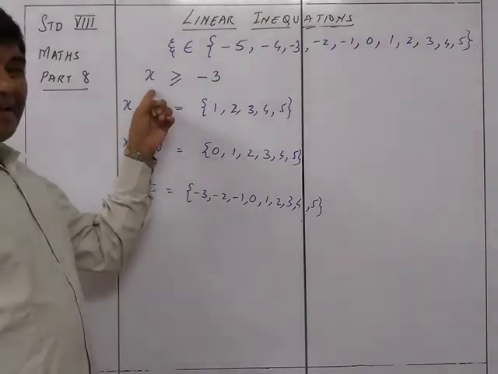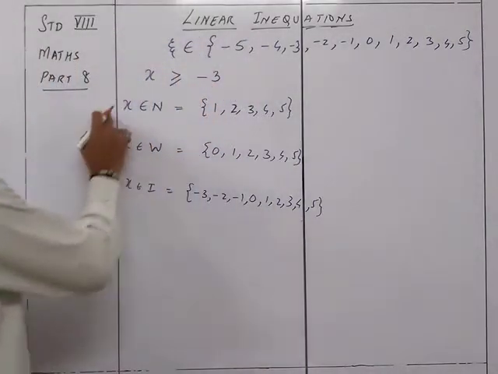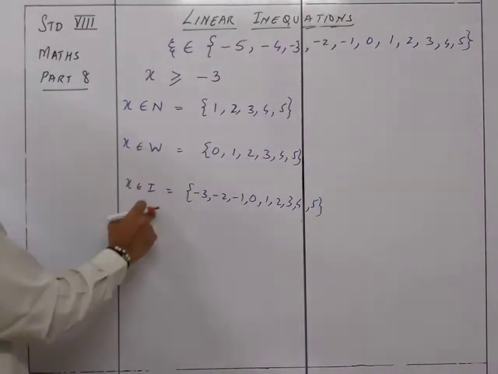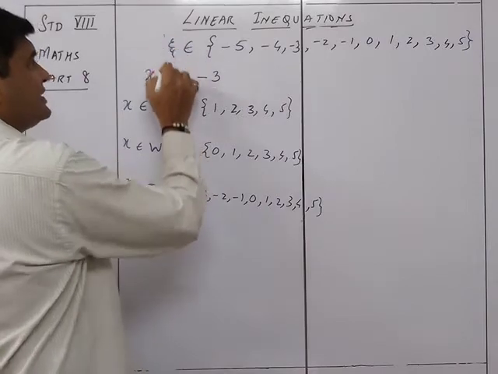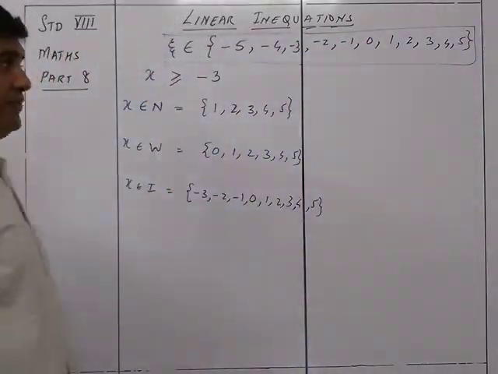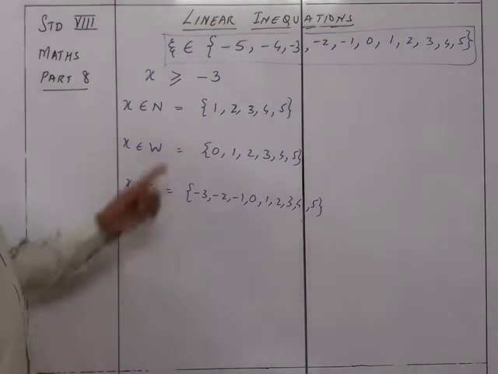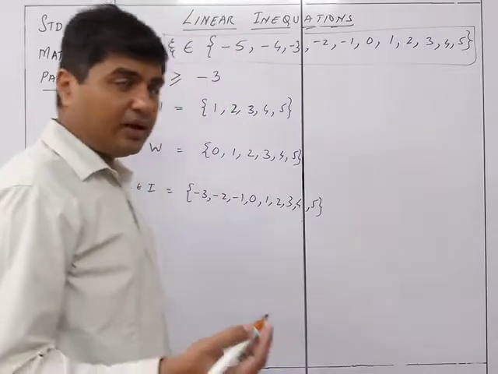Okay, for x greater than or equal to -3, I have got 3 different answers for 3 different kinds of values of x, wherein I know that the universal set is from -5 to +5. Now if I want to represent this on a number line, first of all we have to identify the number line.